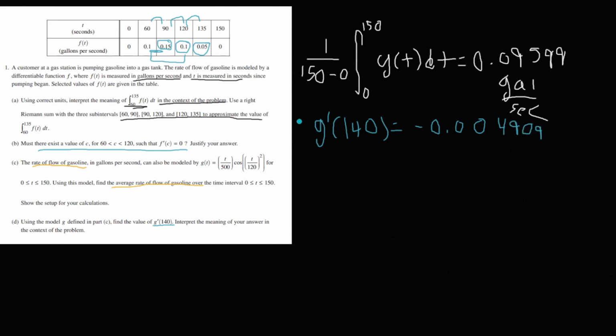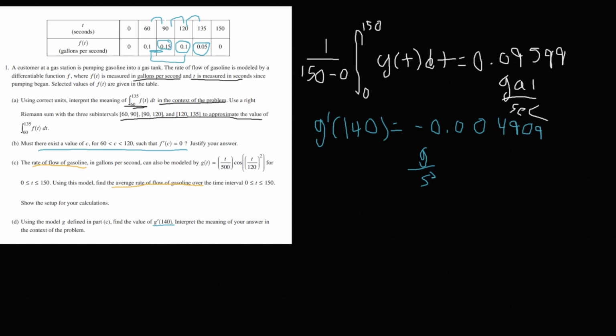And this is the derivative of the rate. So it's with respect to time, so that's going to be in gallons per second per second. So I'm just going to put gallons per second squared.